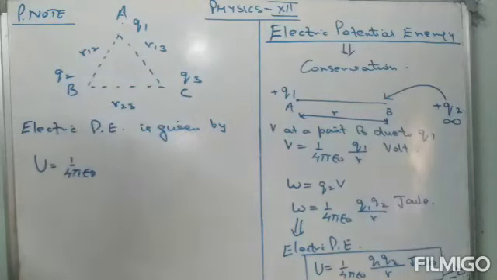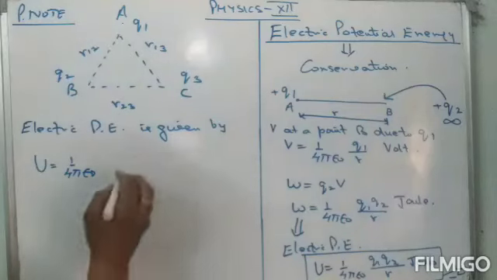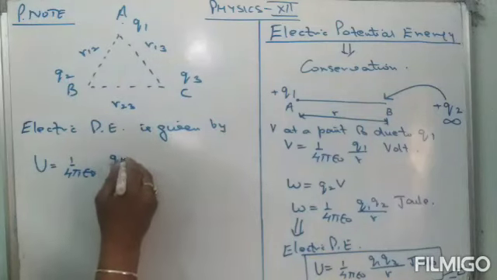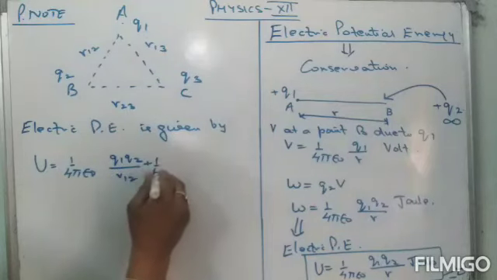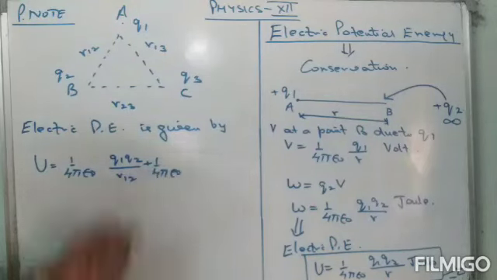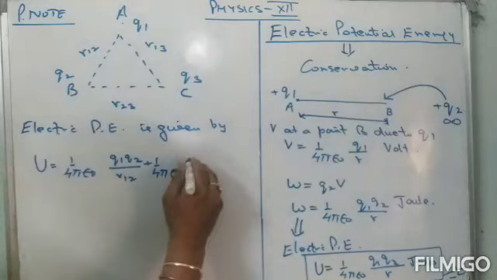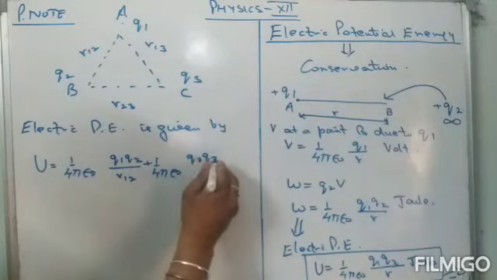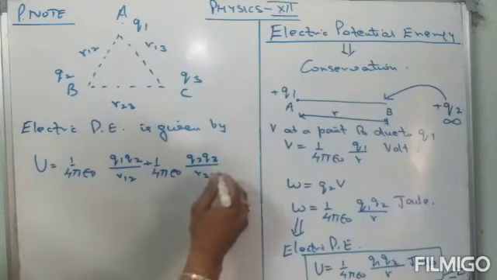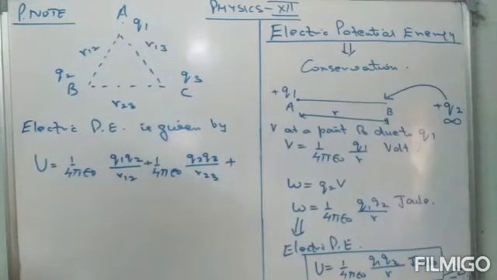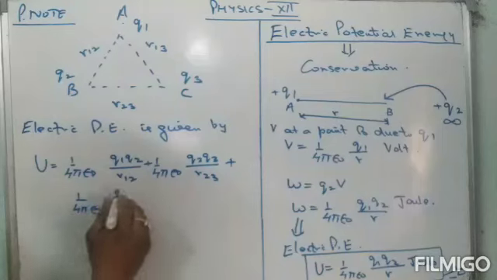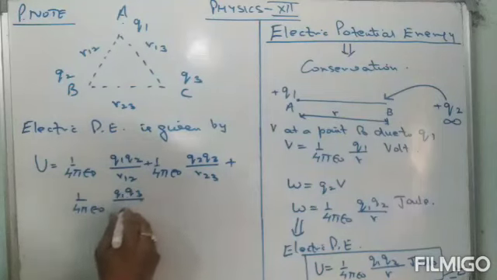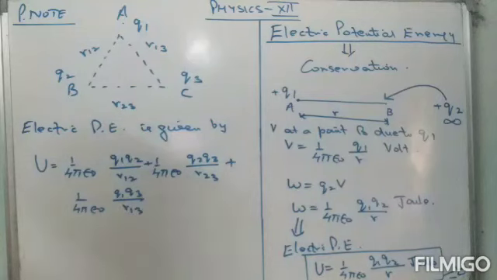I'll take these two charges first, Q1 Q2, distance R12, plus 1 upon 4 pi epsilon naught, now these two charges, Q2 Q3 upon R23, plus, now these two charges, 1 upon 4 pi epsilon naught Q1 Q3 upon R13.